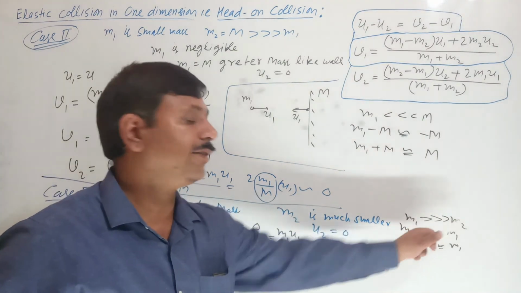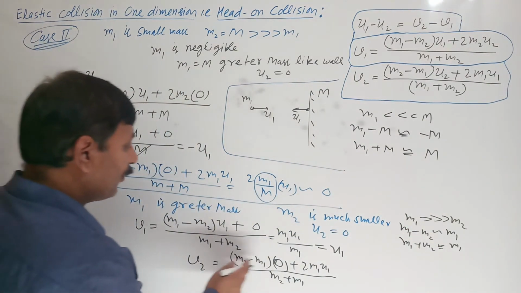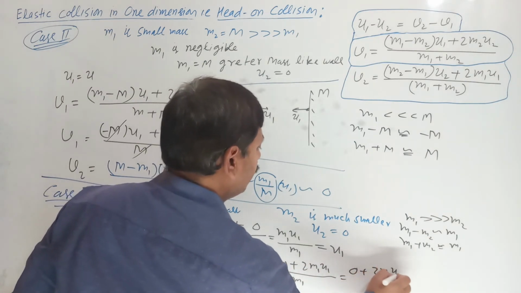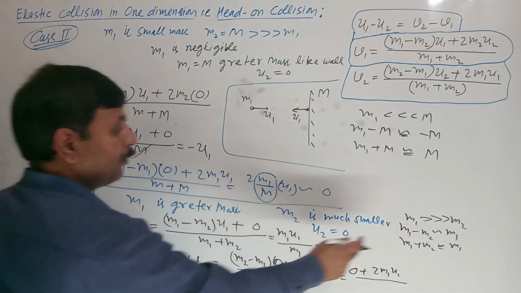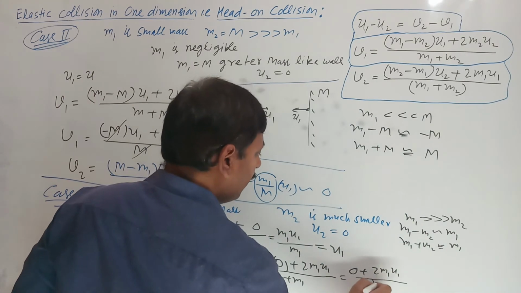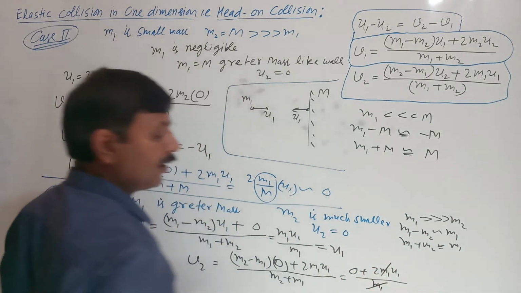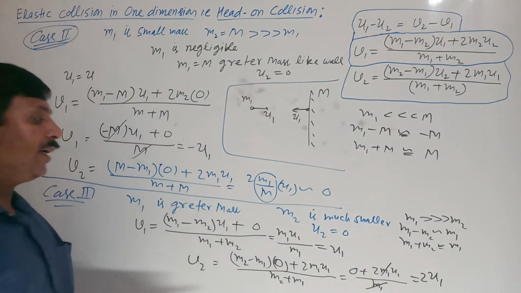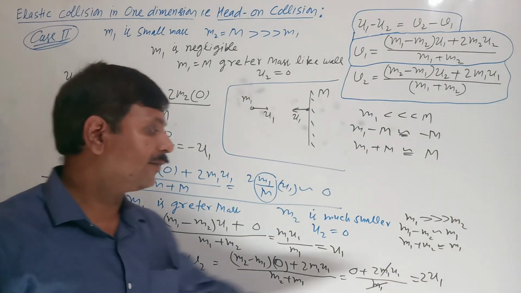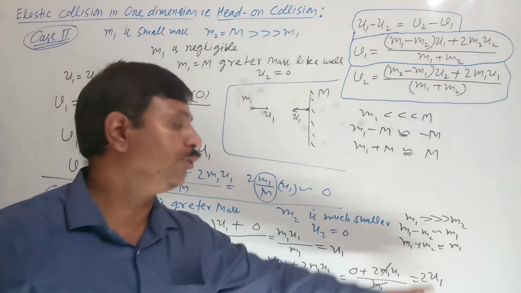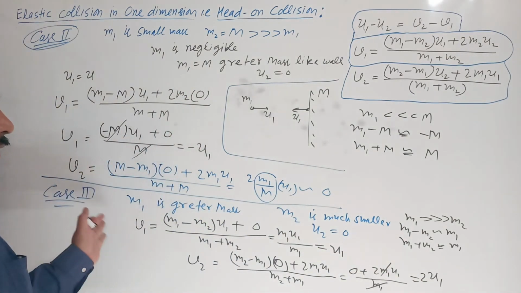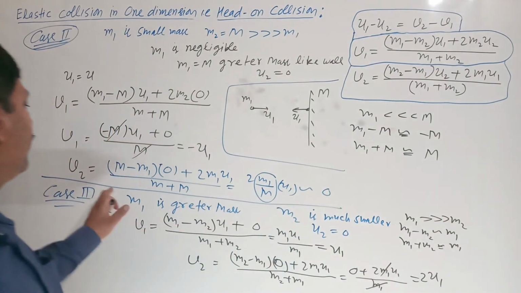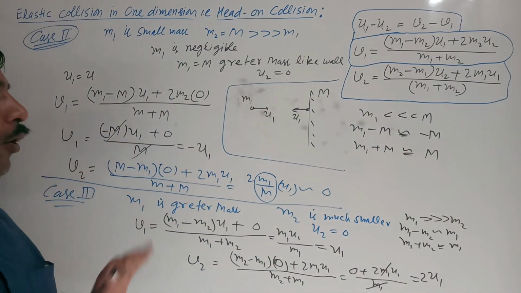Here M1 minus M2 is M1, but here it is 0, so this is 0 plus 2 M1 U1, and M2 plus M1 is also M1, so M1 cancels out and this is 2 U1. The smaller mass has velocity 2 U1, meaning the smaller ball has twice the velocity of the first ball.